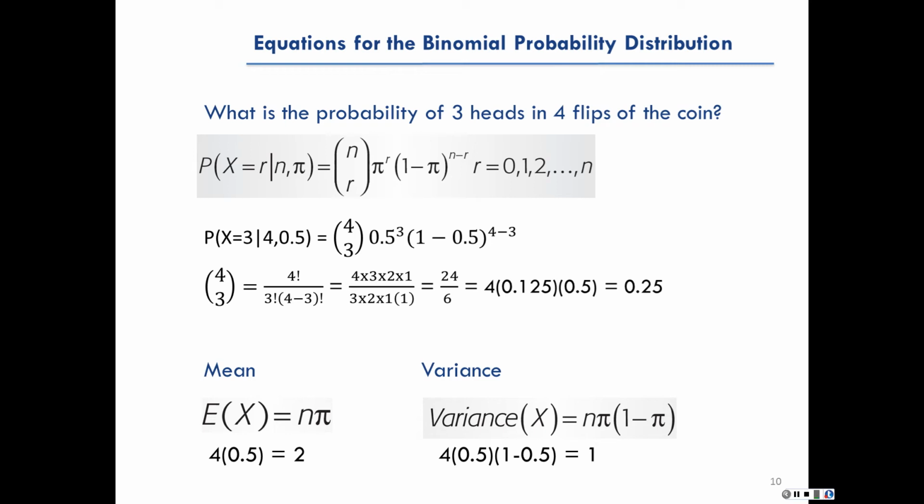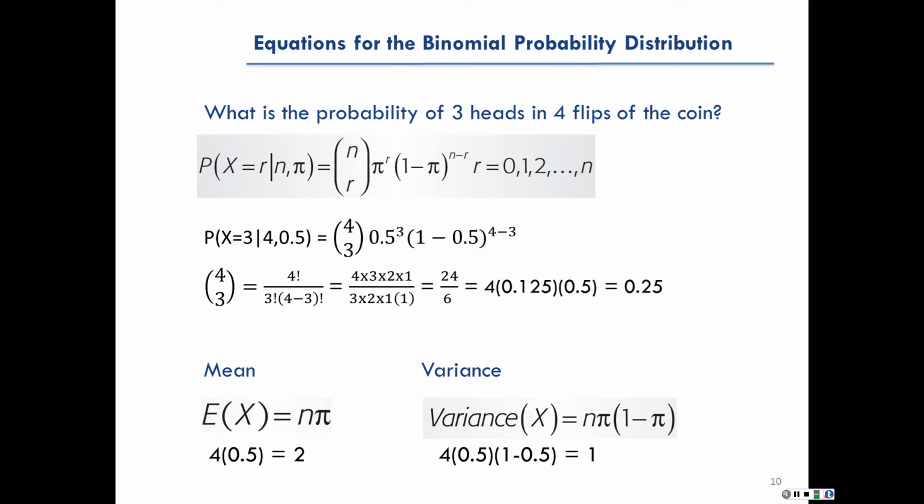And so that's equal to 4 choose 3, the binomial coefficient, multiplied by 0.5, because that's the value of pi, the probability of success on any given flip of the coin, to the power of 3, because r is the number of successes we're looking for, multiplied by 1 minus 0.5 to the power of 4 minus 3, the number of trials minus the number of successes.